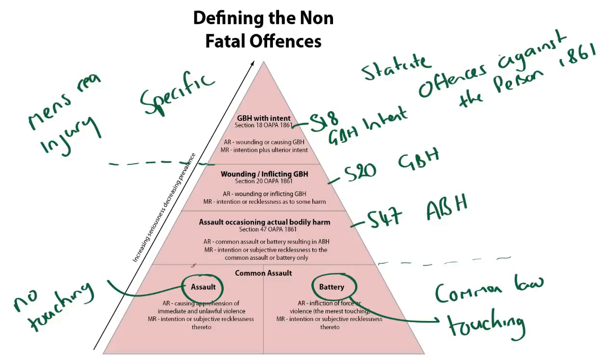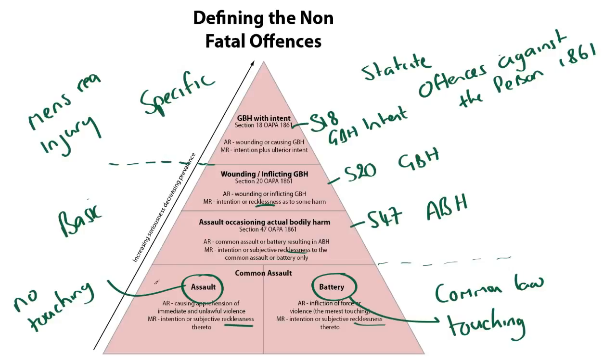Whereas our other 4 crimes are basic intent crimes, and that means that they can be committed with direct or oblique intent, but they can also be committed with an element of recklessness, as you can see in all of them. And that's Cunningham's subjective recklessness. And we'll talk about the mens rea in each of the individual videos.